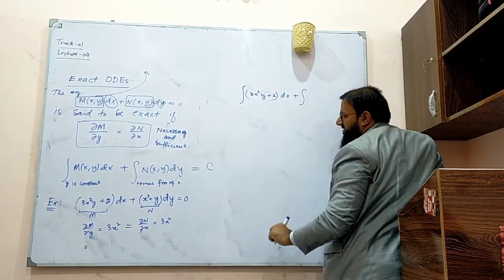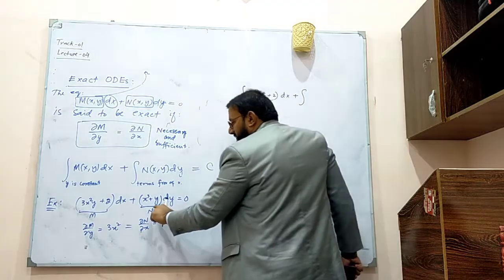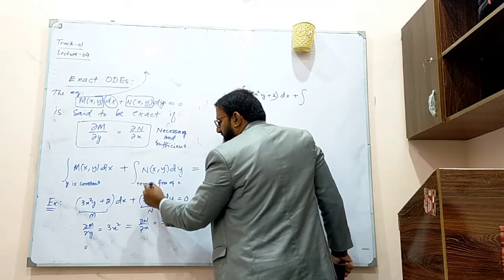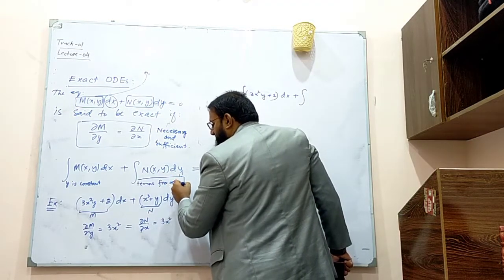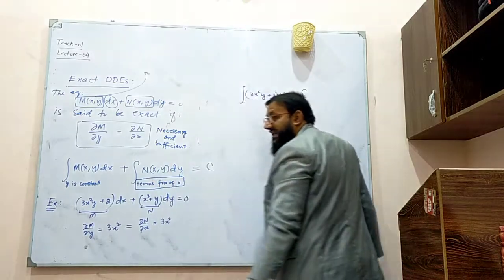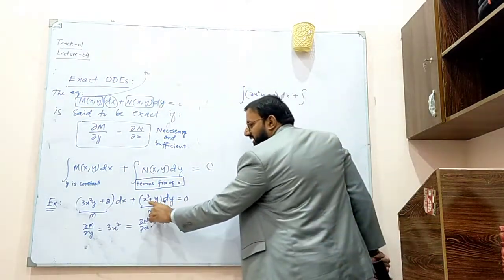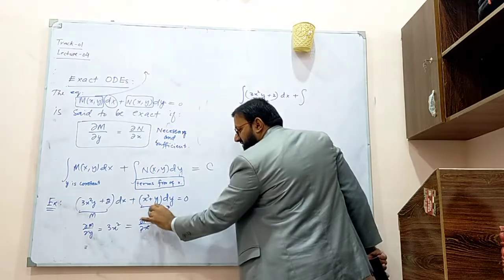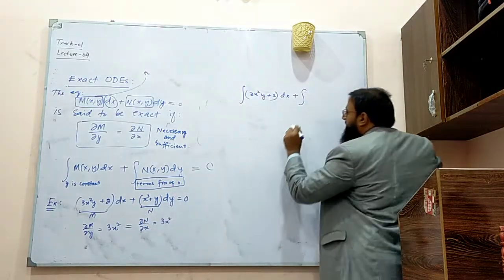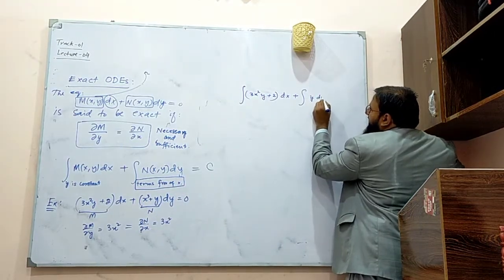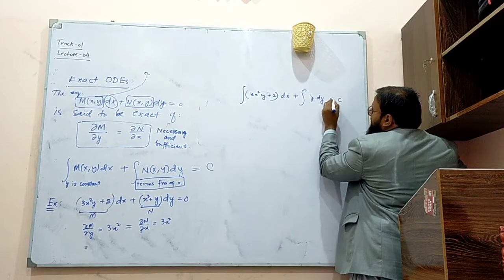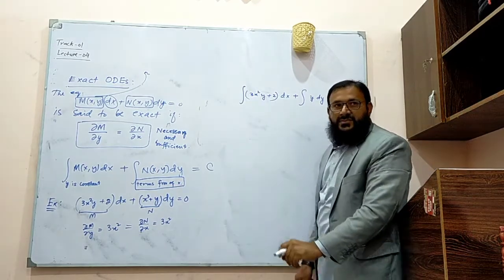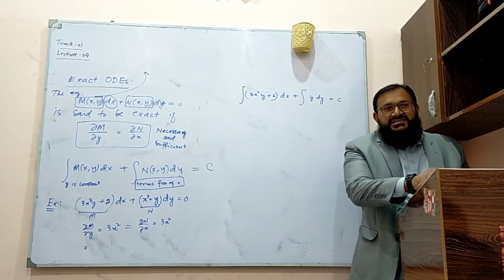Plus you integrate N, but you take only those terms that do not contain x. This term contains x, so you will leave it, and you will only take this term, y dy, equals C, constant. So this is a very easy solution.